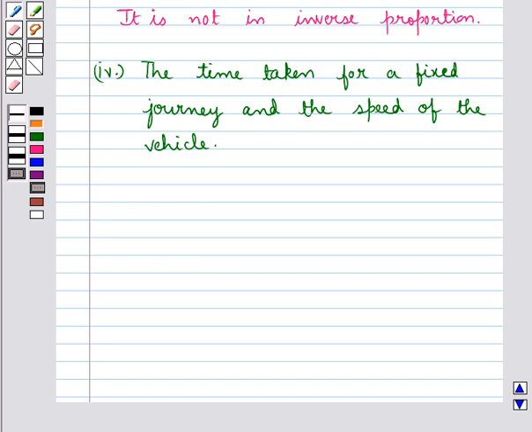The next statement is the time taken for a fixed journey and the speed of the vehicle. Here the two quantities are the time and the speed. We know that if the vehicle moves faster, it will take less time. So as the speed increases, the time decreases.